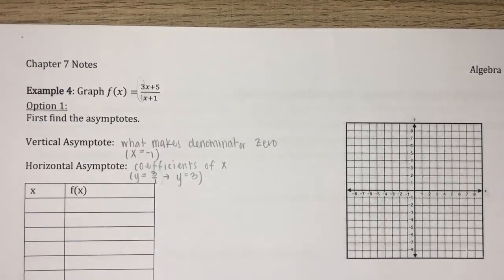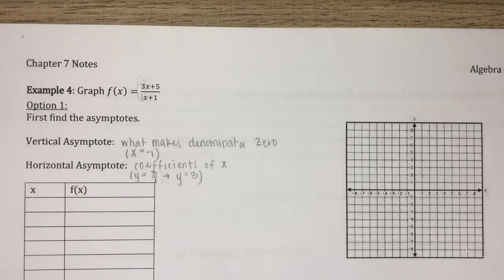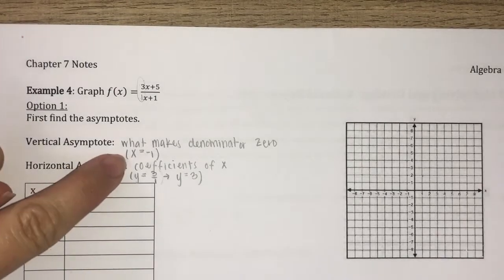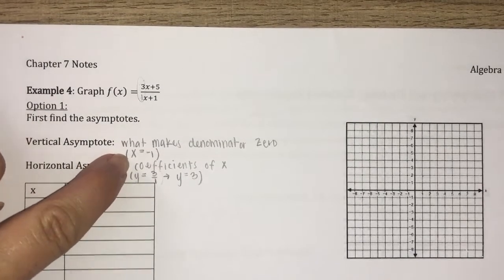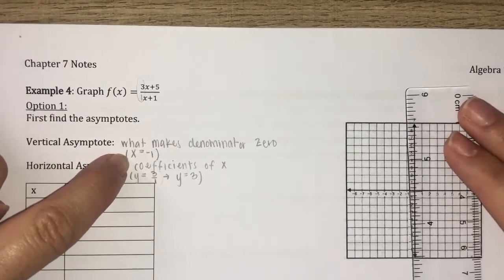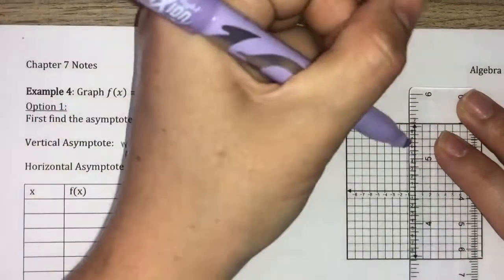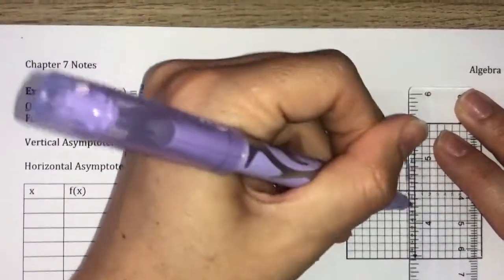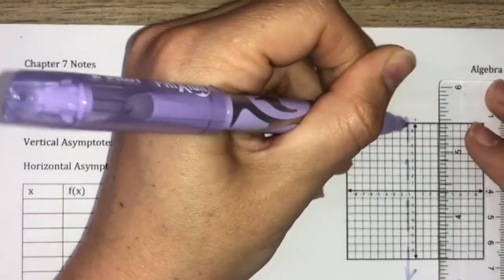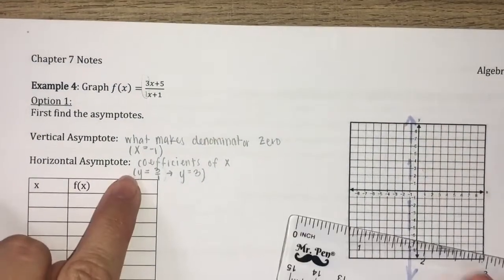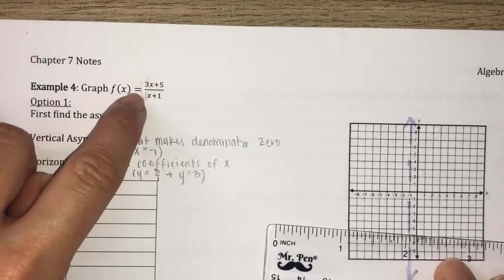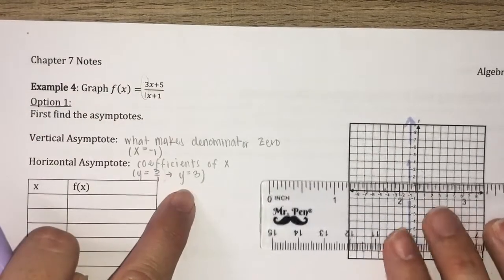Okay, so we can draw those and then begin filling in our table. So our vertical asymptote is whatever makes the denominator 0, so it's x equals -1. And then our horizontal asymptote is the coefficients of x, so 3 over 1, or just 3.